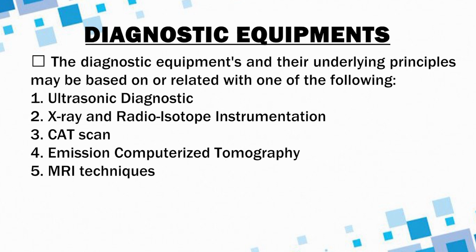Third, CT imaging system based on X-ray and the use of computers. Fourth one, emission computerized tomography based on radioisotopes of certain elements. Fifth one, MRI imaging systems and techniques based on hydrogen nucleus properties in the magnetic field.